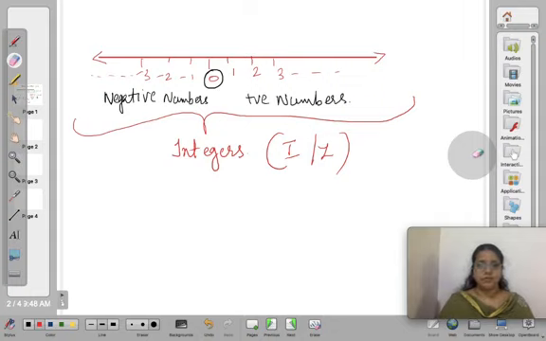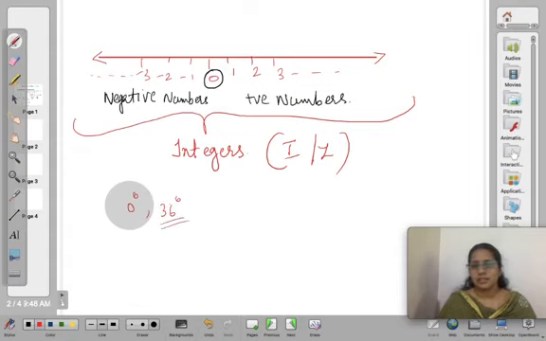Clear? You can see negative numbers inside a thermometer. 0 degrees Celsius, and after that 36 degrees Celsius. Then Fahrenheit is another measurement for measuring temperature.